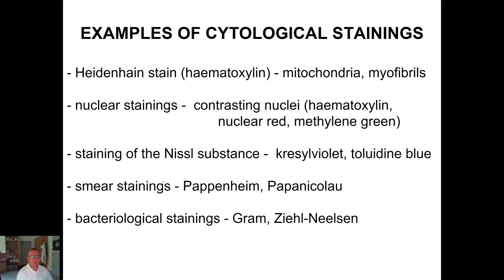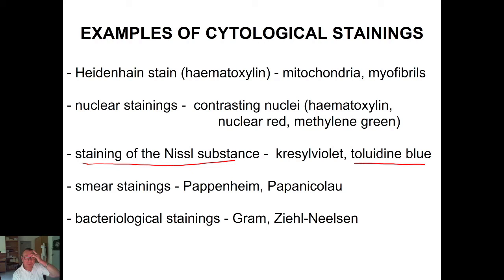So there is one cytological staining in our slide box, and it is the staining of spinal cord by Nissl substance, or not by Nissl, it's the staining by toluidine blue, and it is the staining of the Nissl substance. Nissl substance is aggregates of ribosomes in neurons.